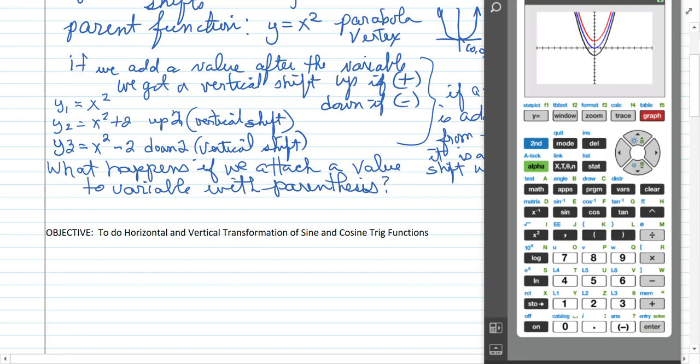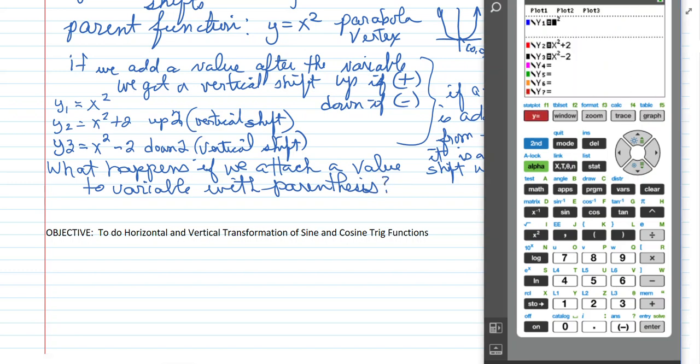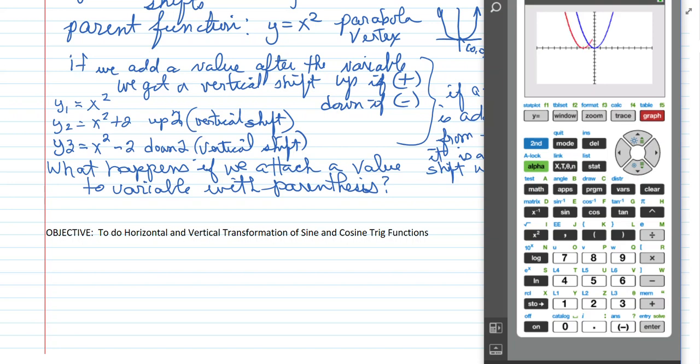All right, so let's go to our y equals. Go down to y2 and clear it. Go down to y3 and clear it. So on y2, we're going to do open parenthesis x plus 2 squared. Make sure you get your square. All right, so now we're going to graph it. There's our parent, and look.